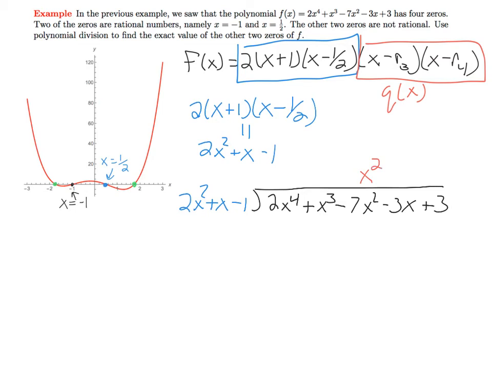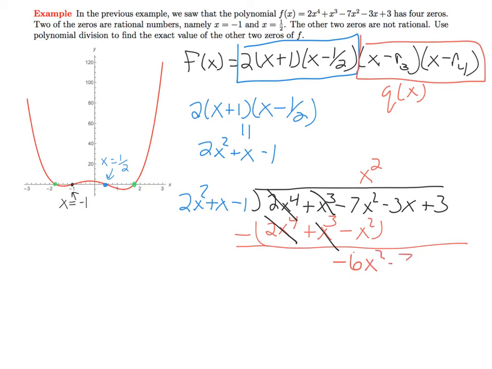And so that would give us 2x to the 4th plus x cubed minus x squared. And then I would subtract all of that. So this cancels, those cancel. I get minus 7x squared plus x squared, so that gives me minus 6x squared. And I'm going to bring down the minus 3x and the plus 3.